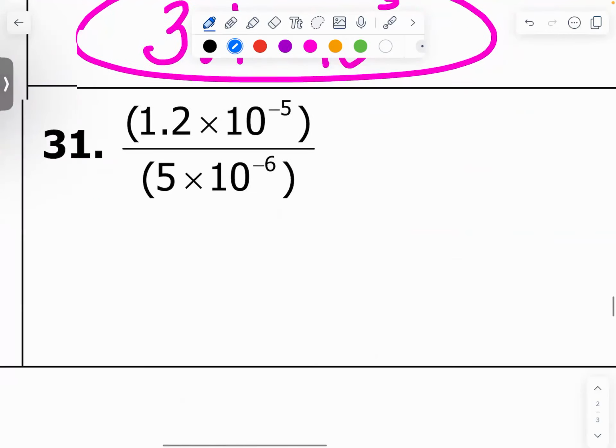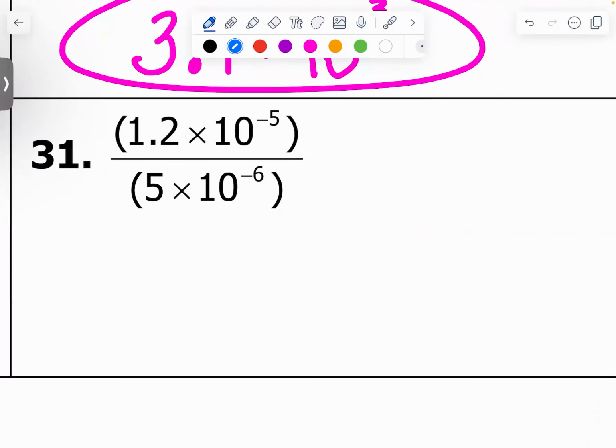All right, let's go to 31. Yep, and then I get to your graded assignment. Okay. This one looks different, but what's the operation? It's division. So I need you to take 1.2 divided by 5. 0.24. Okay.